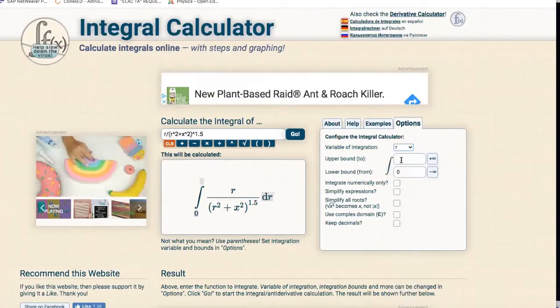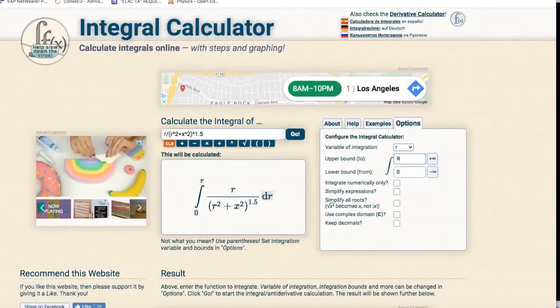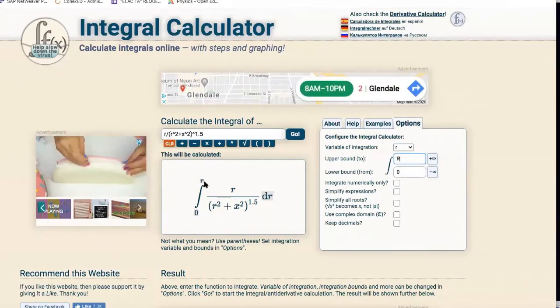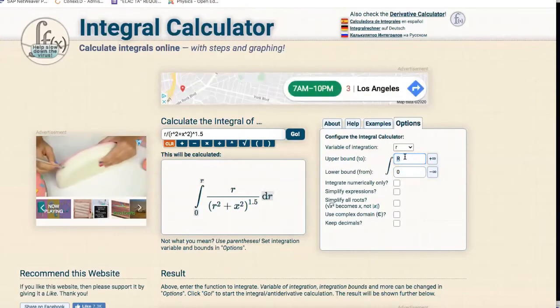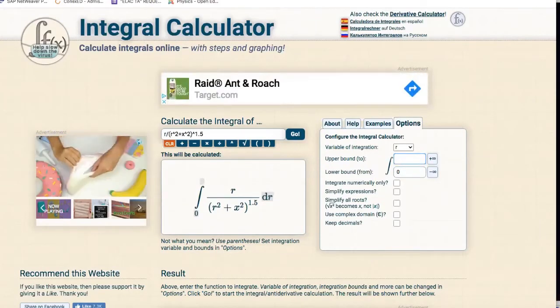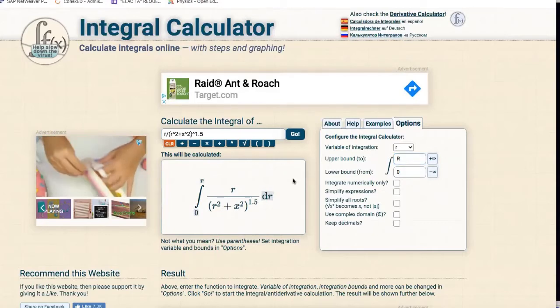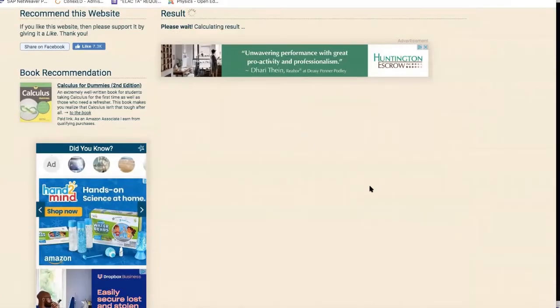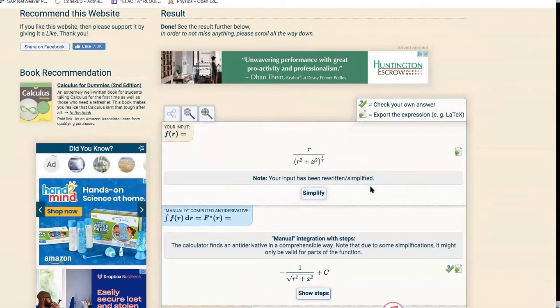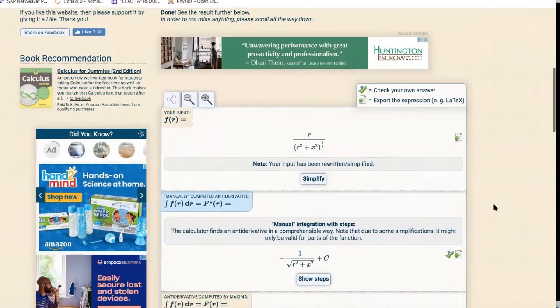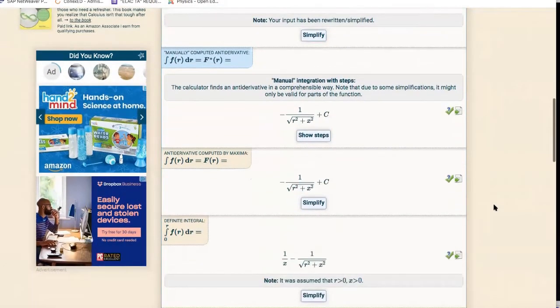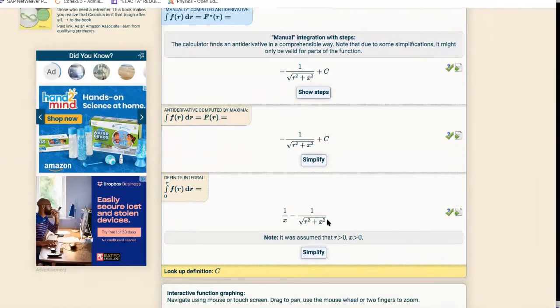Yep, thank you. Okay, so then it goes 0 to capital R. It's not going to do capital R. Capital R is the radius of the plate. No, it's not doing that. Okay, that's fine. Let's see here. Okay, so this is capital R now. You see.